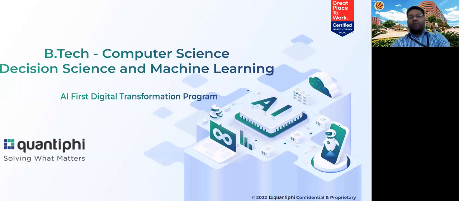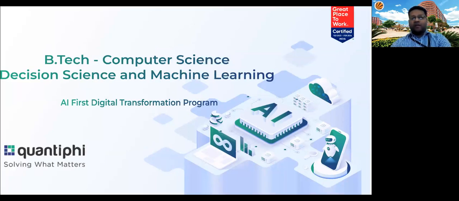Now I will talk about the program that is offered in this collaboration, that is BTech CSE in Decision Science and Machine Learning. This program is a combination of classroom sessions, industry training, corporate exposure, and extensive job-based learning in the form of internships, certifications, and live projects.